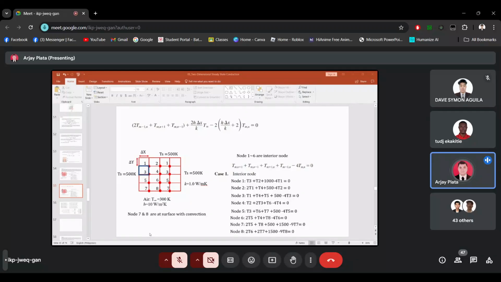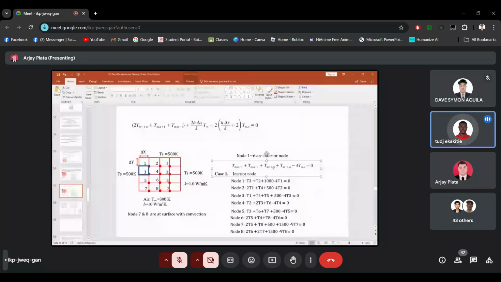So this is our equation, the intermediate case 1. The equation is Tm,n+1 plus Tm,n-1 plus Tm+1,n plus Tm-1,n minus 4Tm,n. So m,n is T1, that's why we have 4T1. Okay, is that what you're asking, Paul?